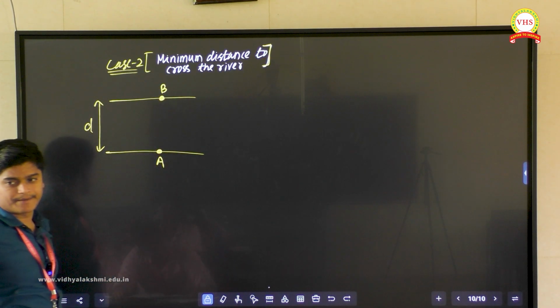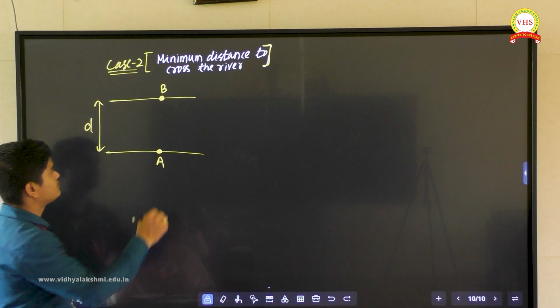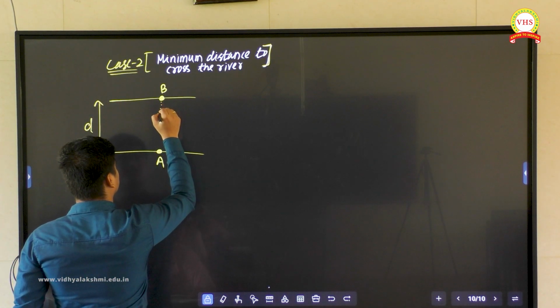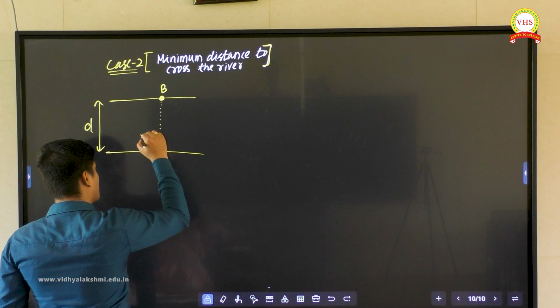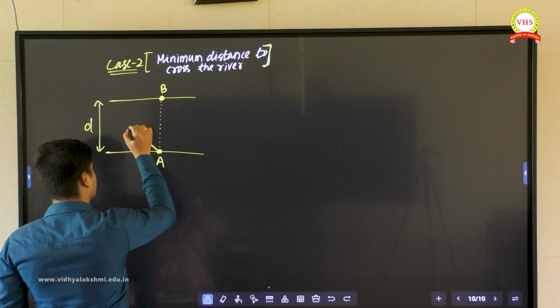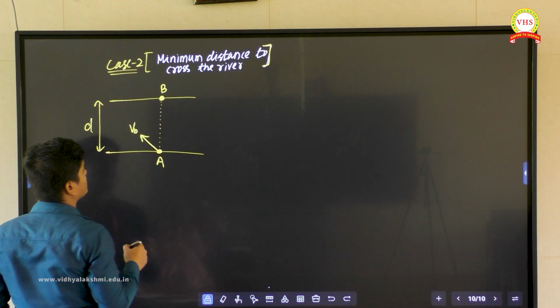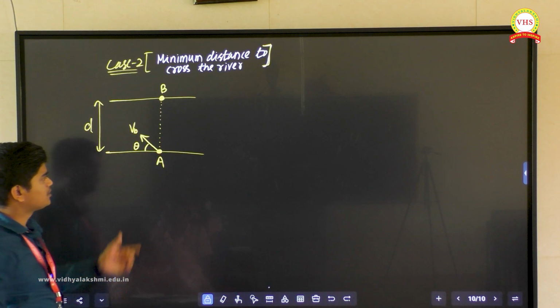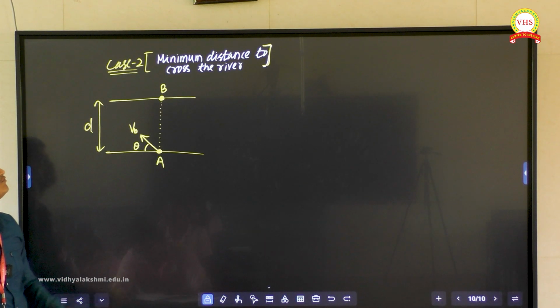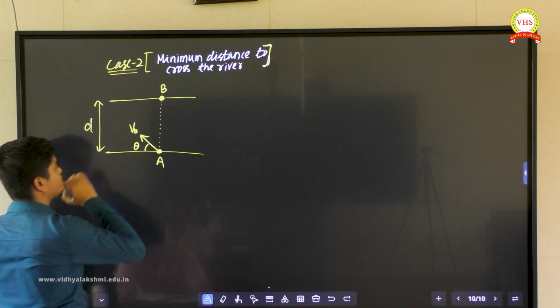A and B are exactly opposite. Now this boat should travel like this. This should be VB, and it should make some angle theta with the bank of the river.